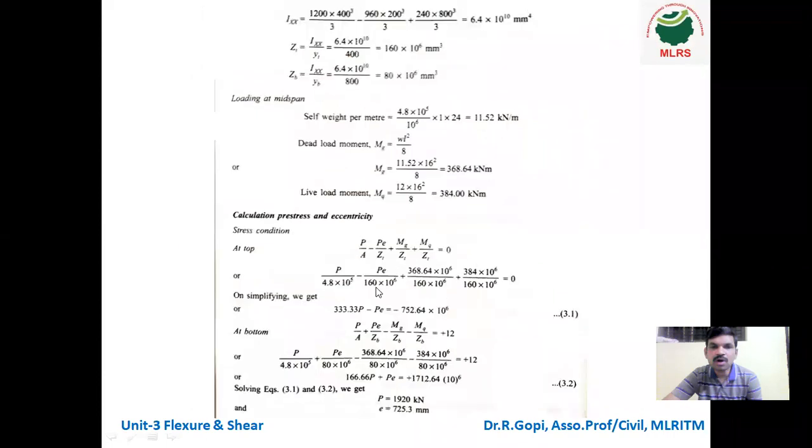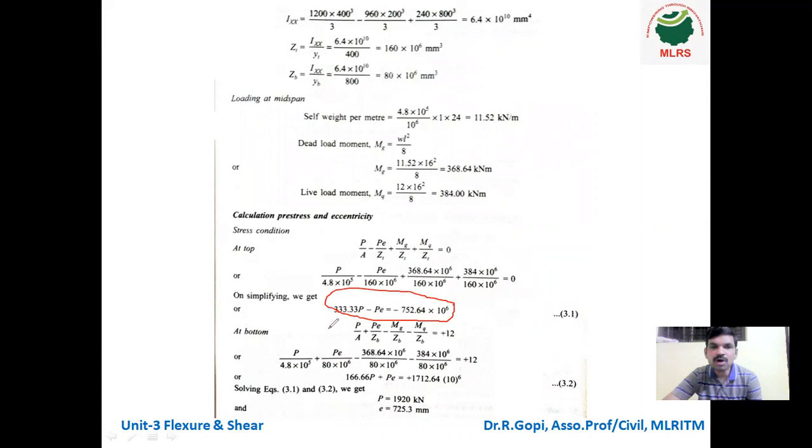These two values we don't know, so there are two unknowns. Except P and E, all the values are known. Substitute all the values in the stress at the top equation. Finally, you get one equation in terms of P and E. Keep it; it is equation number 3.1.